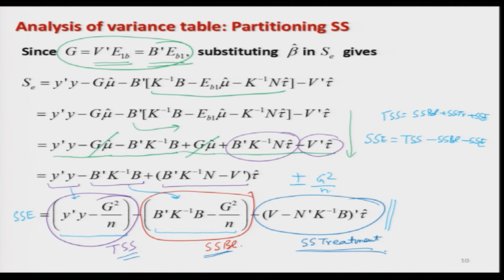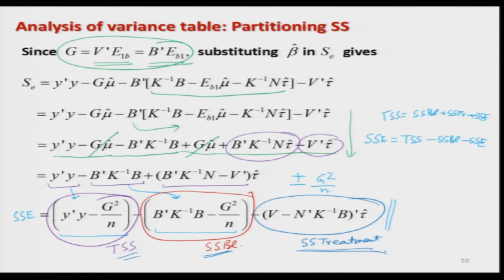Now, this is a very important result for you to understand, and if you try to recall, ultimately you are going to apply the Fisher-Cochran theorem. So, obviously, these terms TSS, sum of square due to block, treatment, SSE, etc., they have to be orthogonal to each other.